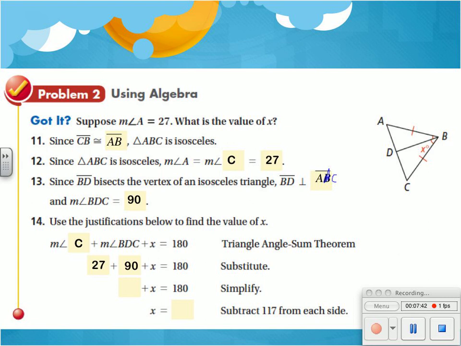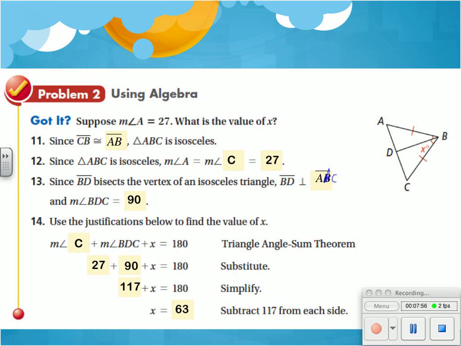The measure of angle C is 27. The measure of angle BDC is 90, plus X, equals 180. So we're going to simplify. That's 117. Subtract 117 from both sides, and we'll get 63. So the measure of angle X is 63.